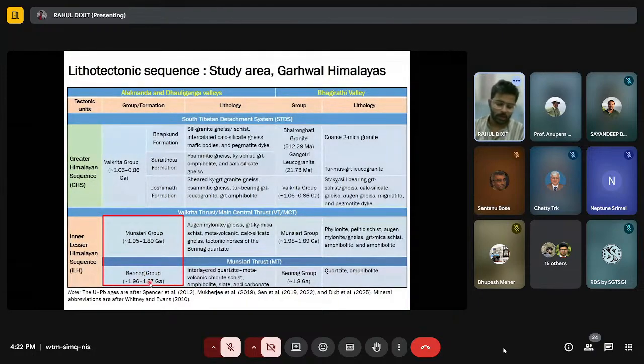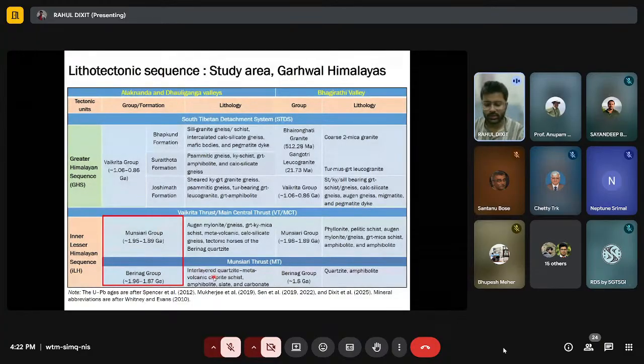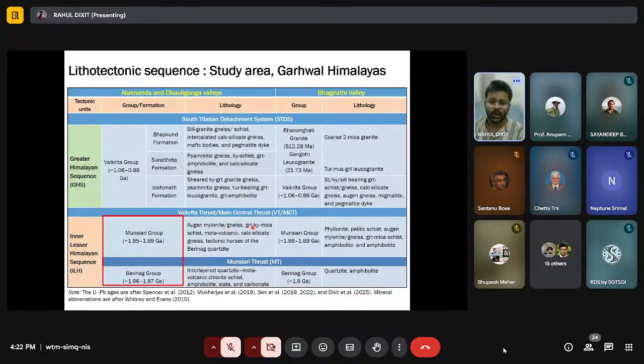Both are essentially Paleoproterozoic in age. The Berinag group consists of quartzite, metavolcanics and chlorite schist intercalations. Then we have the Munsiari group rocks, which usually consist of augen mylonites, orthogneisses, and sheared gneisses. Above the Munsiari group, further north, we have the Vaikrita or the main central thrust.